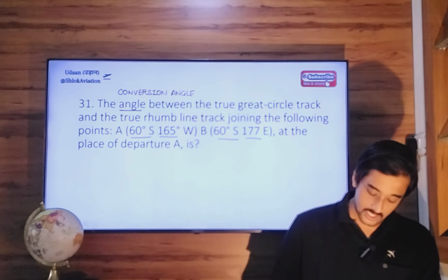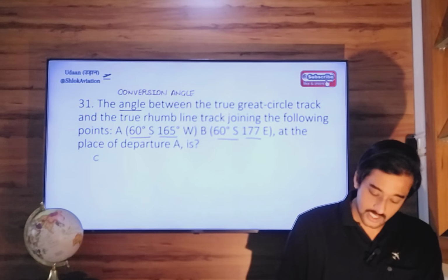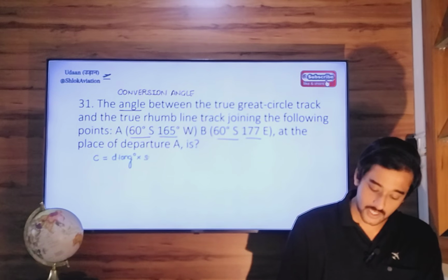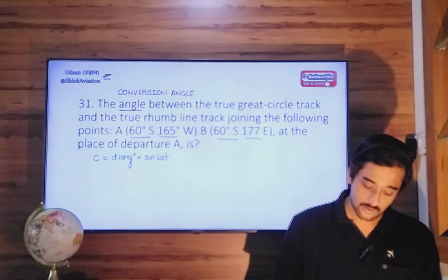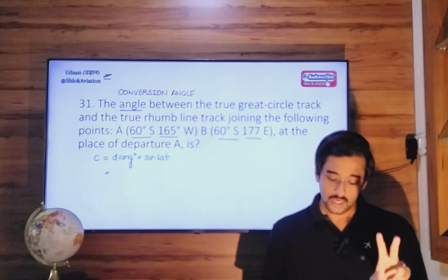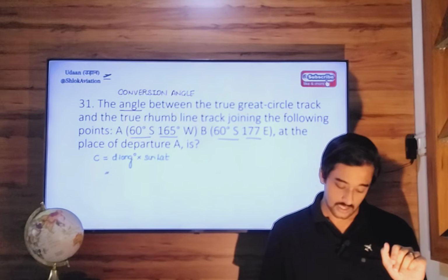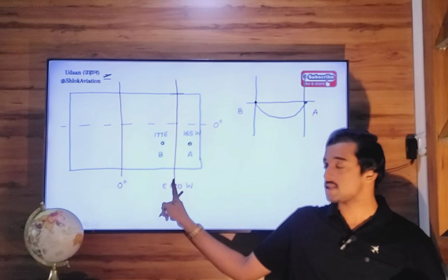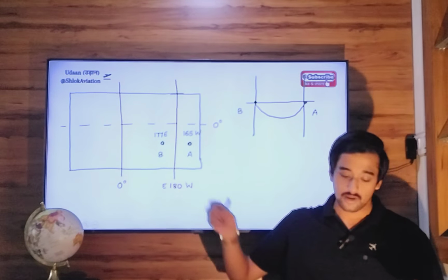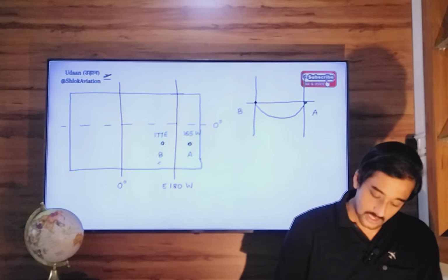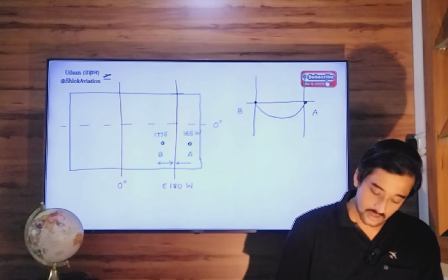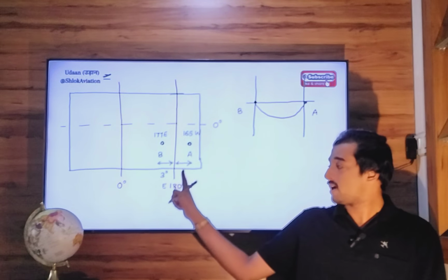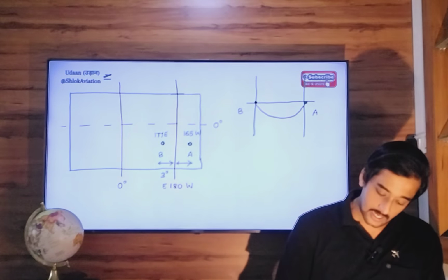Now convergency. What is convergency? Convergency is D long in terms of degrees into sine of latitude. The difference between 180 east anti-meridian and 177 east is 3 degrees, and the difference 180 minus 165 is 15 degrees.